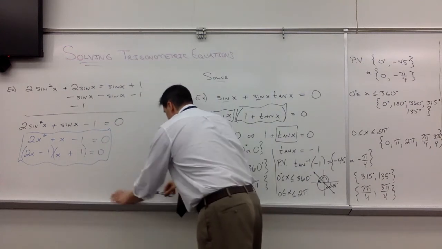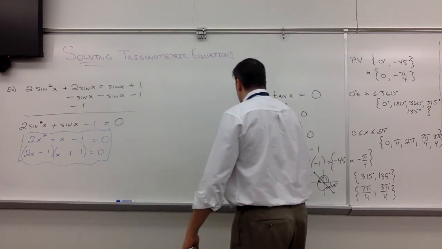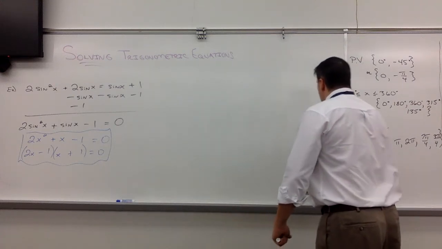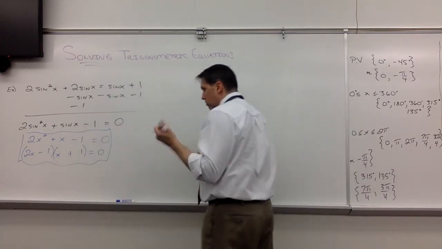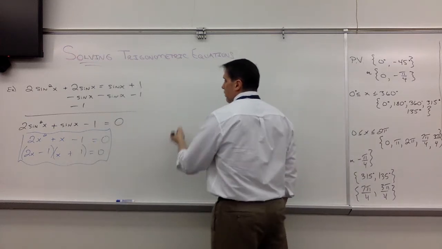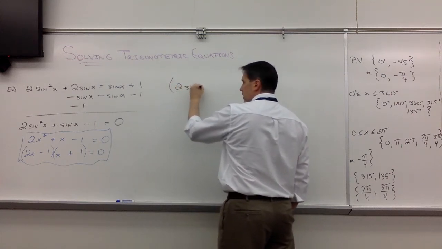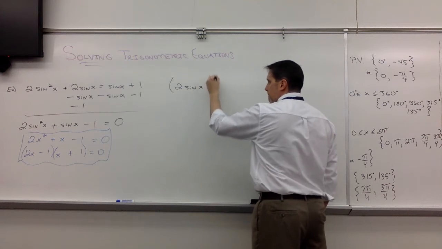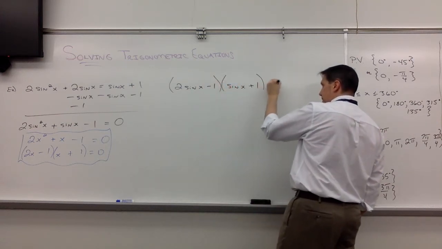All right, let's see what we get here. Replacing our x's with sine of x's, we can factor that as we would a normal quadratic trinomial. We would get 2 sine of x minus 1, sine of x plus 1.